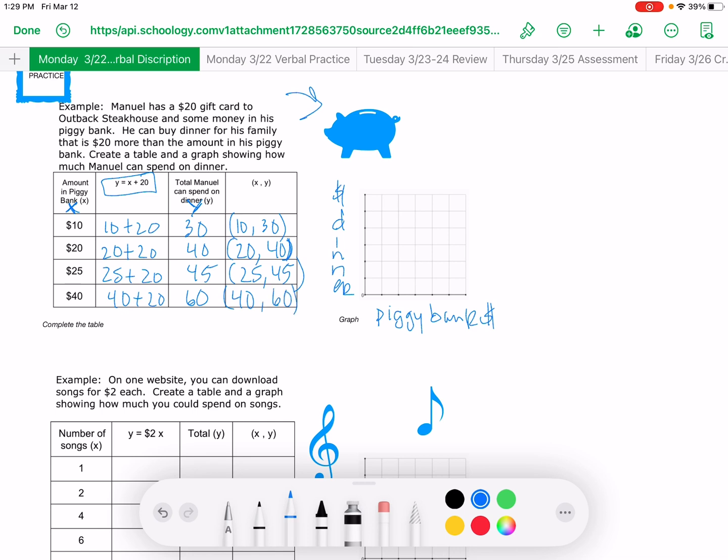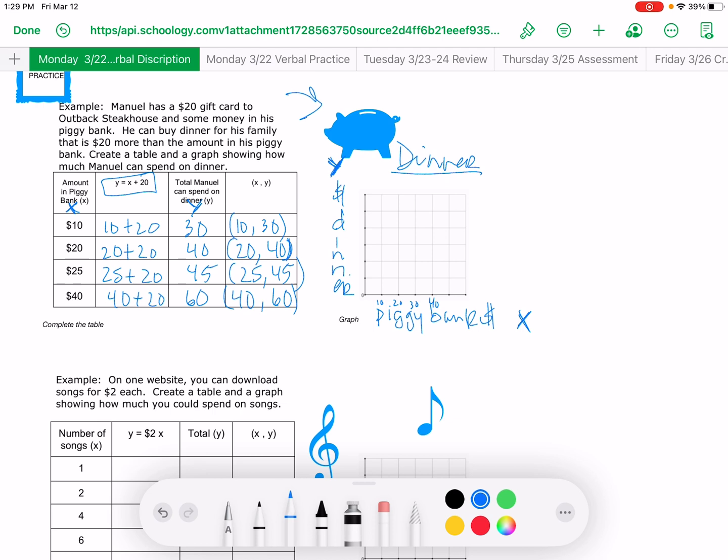So now I've labeled this. I'm also going to title it dinner. In your graphs you need to label your independent, which is your x-axis, and you need to label your dependent, which is your y-axis, and you need to give it a title. Now I'm going to look at my x, and I'm going to count by tens here. 10, 20, 30, 40.